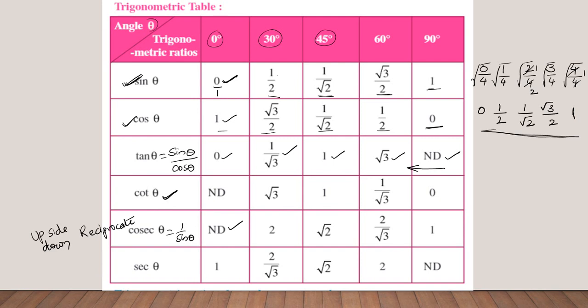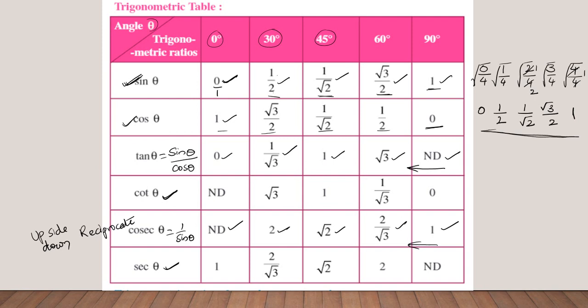Next, 1 by 2 upside down is 2 by 1, which is 2. 1 by root 2 upside down is root 2 by 1, which is root 2. Root 3 by 2 upside down is 2 by root 3. 1 by 1 upside down is 1. If you write them in reverse order, we get the values for secant theta.